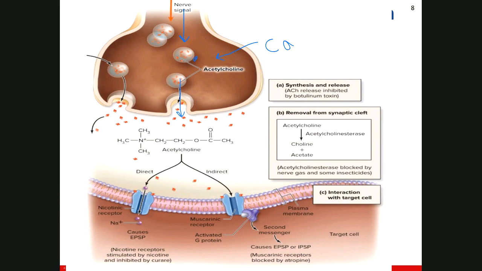Sometimes it can work directly, as you see here, on our receptor, and sometimes it can work indirectly, and here we need a secondary messenger. After that, the acetylcholine is broken down by the acetylcholine esterase in the synaptic cleft. And we have choline and acetate, which come back to our cell, and our cell can recycle and use them for the second time.